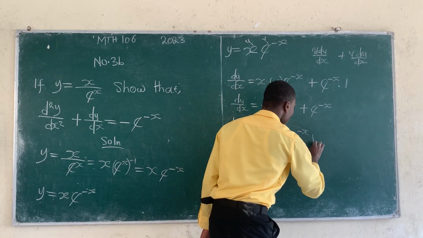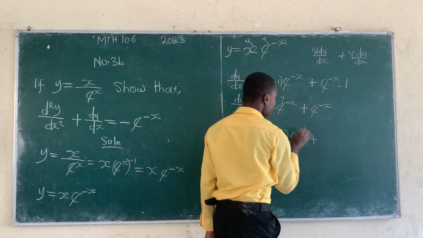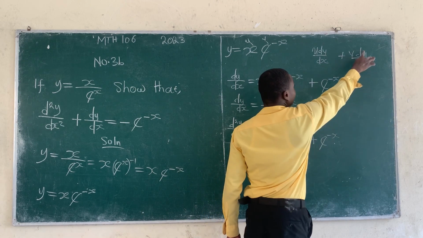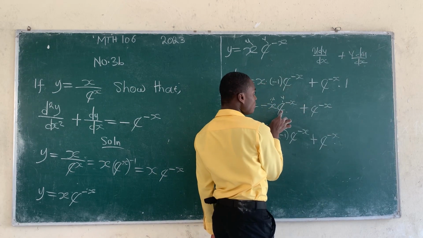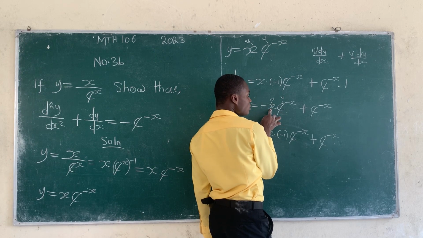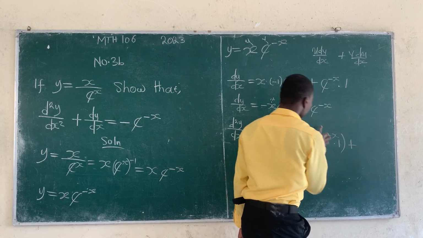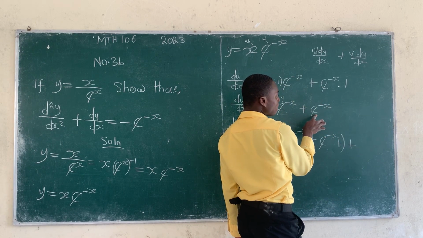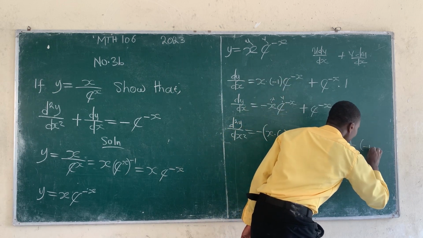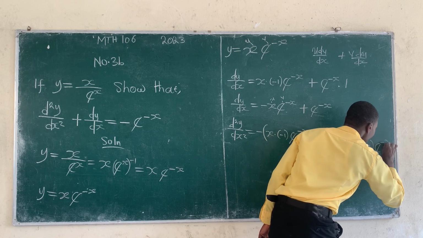The next one is plus v, and our v now is exponential minus x, times du dx. Du dx simply means differentiate u, and our u is x. If you differentiate x, you obtain 1. Then plus differentiate this other one. To differentiate this, you differentiate the power. You have minus 1, and then write the function again, exponential minus x.